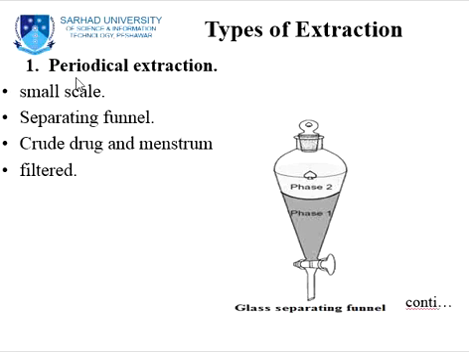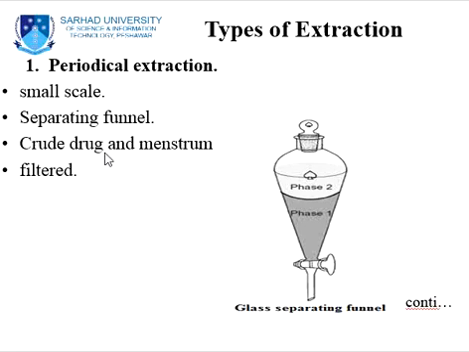Number one, periodical extraction. This type of extraction process is used on a small scale or laboratory scale, mostly for research purpose. In this process, a glass separator or separating funnel is used, and the menstruum and the crude drug are shaken vigorously, and the active constituent is transferred to the menstruum gradually and periodically.